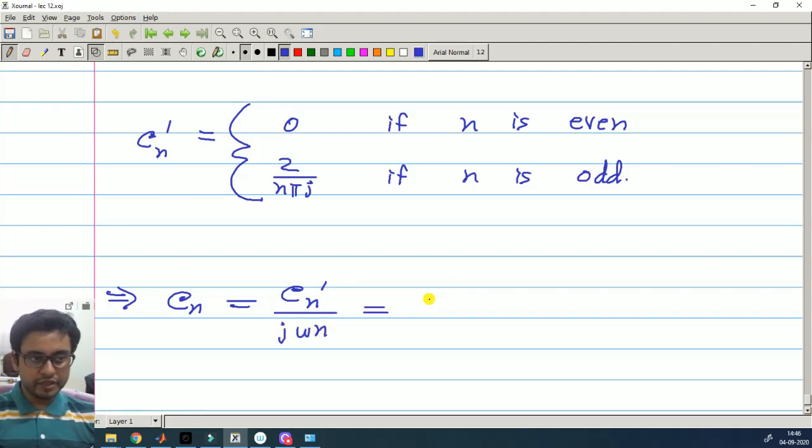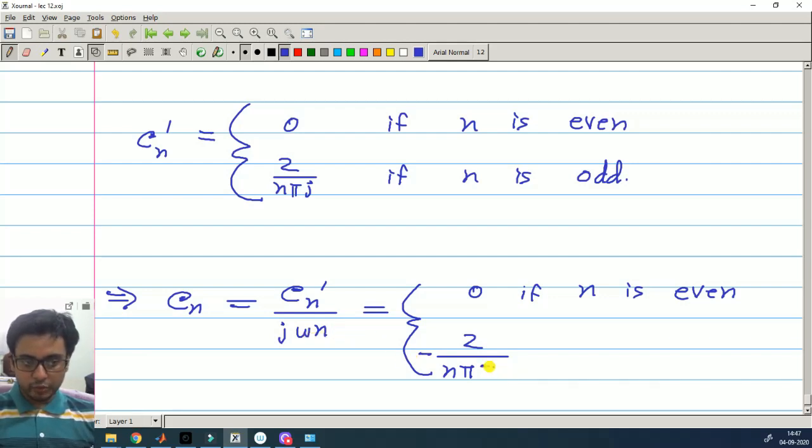So that will be equal to 0 if n is even, and otherwise 2 by n pi j and one more j, so that will become minus 1, then omega n, and omega is pi by 2 times n, if n is odd.